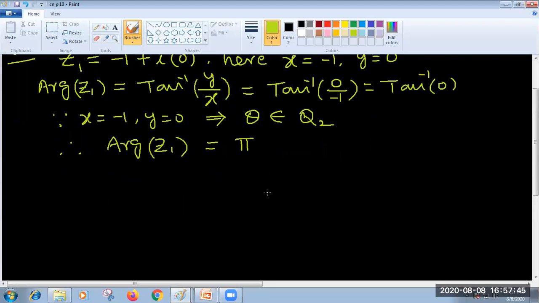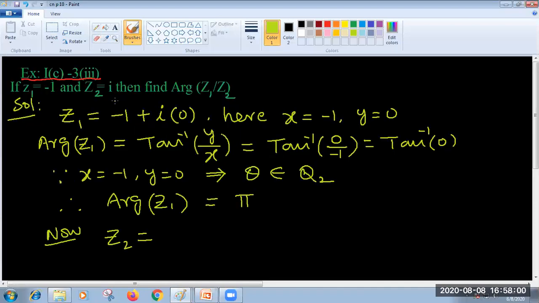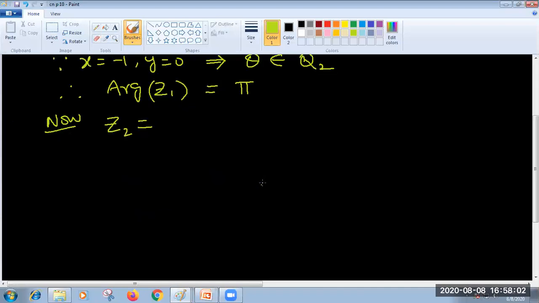Argument of, now Z2 is equal to, what is Z2? Z2 is I. There is no real part.